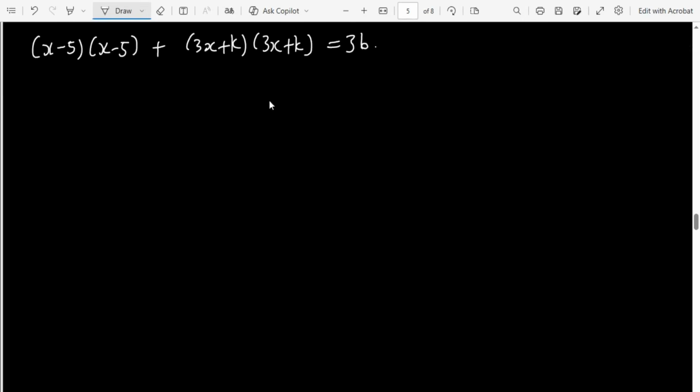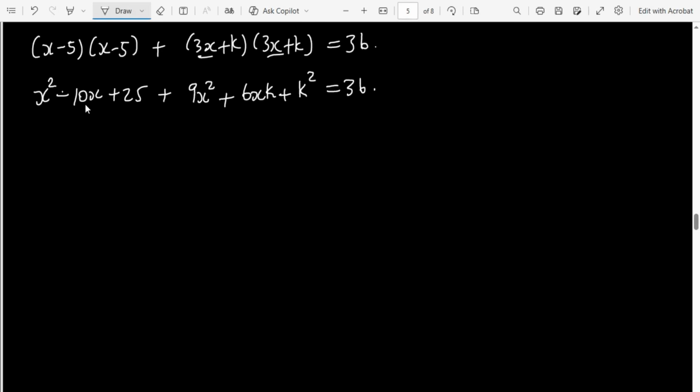So multiply out the bracket, add the like terms, we get x squared minus 10x, then 5 times 5, that's positive 25, plus we do the same: 3x and 3x will give us 9x squared, 3x and k will give us 3xk, plus 3xk, which is plus 6xk. I need you to pause the lesson and try to multiply this out and see what you get. This is equal to 36.